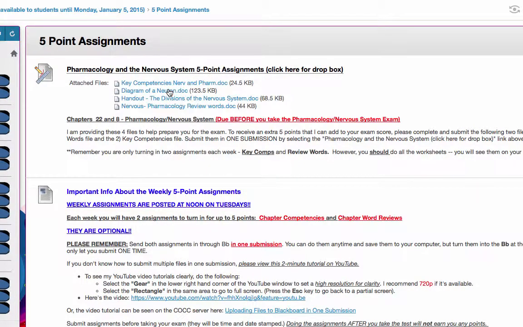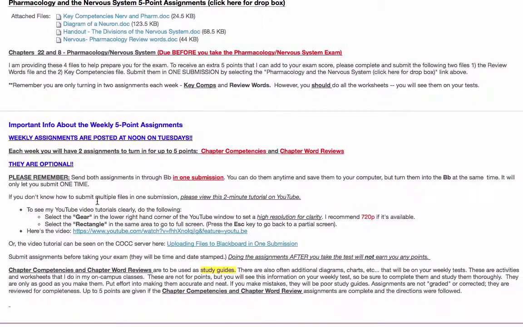Now sometimes I provide other files for you just to help you study for the exam, but those are the two that you will hand in to get your 5 points. More importantly, they're probably your most important resource for knowing what's on the exam. So you'll want to read through this post as well here, and that'll tell you a little more exactly about how to use these files.